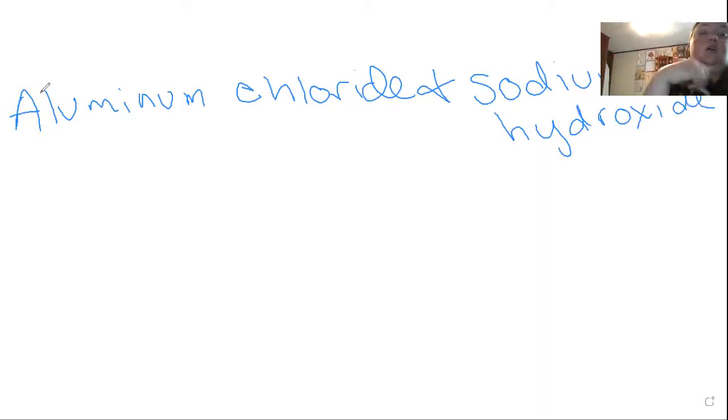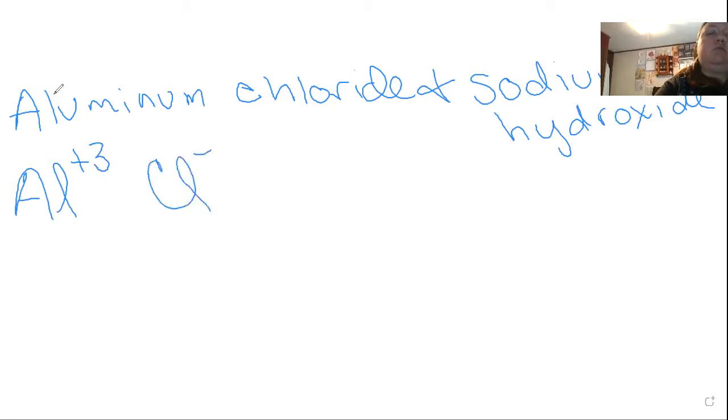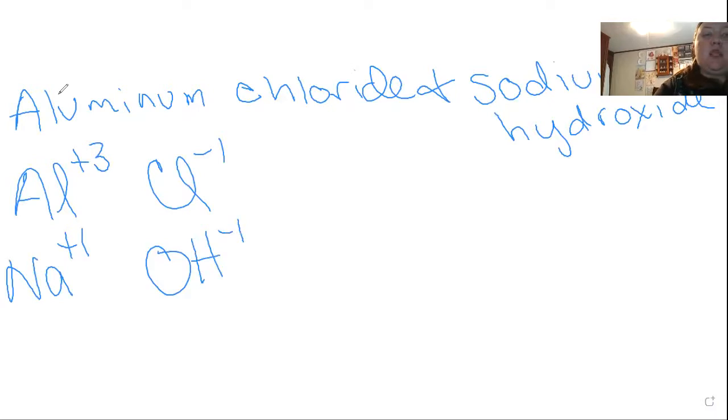So again, you have to worry about charges and everything. So aluminum chloride: aluminum is Al plus 3. Chloride is Cl minus 1. Sodium is Na plus 1. Hydroxide is OH minus 1.